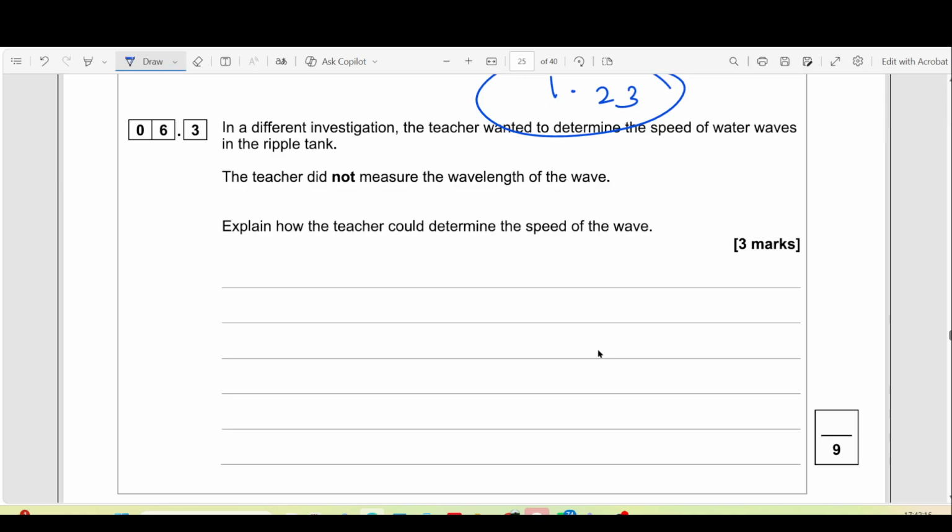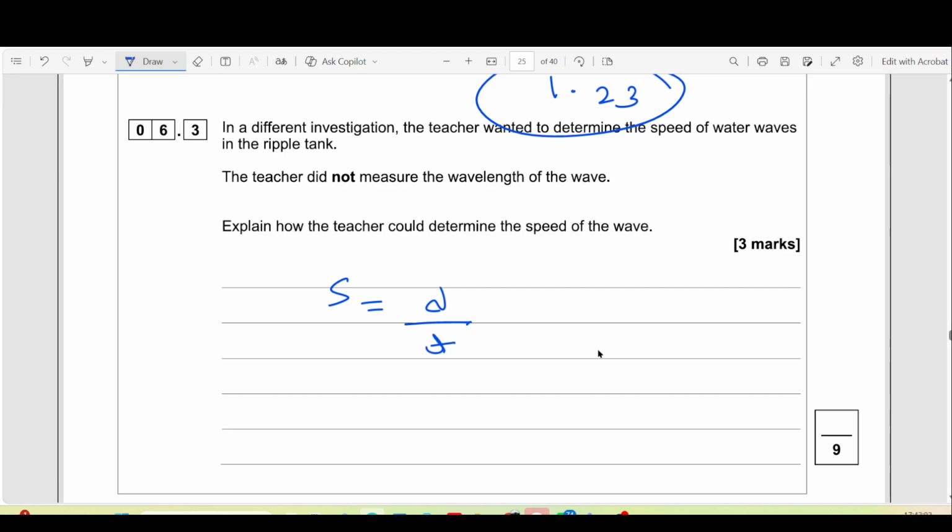Count the waves passing in 10 seconds, then divide the amount of waves that pass by 10 seconds to get the speed for each wave.